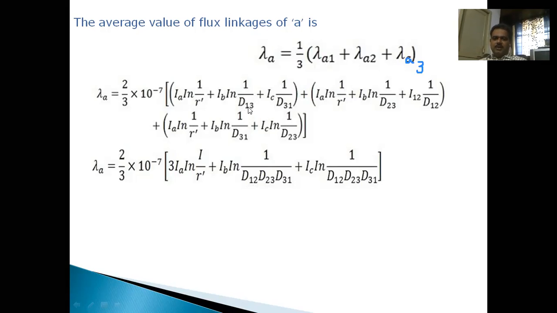So here the term is D12 again. Again if we take IC as common, D13, D12, and D23. So here just this one, two. Okay. Now the flux linkage.